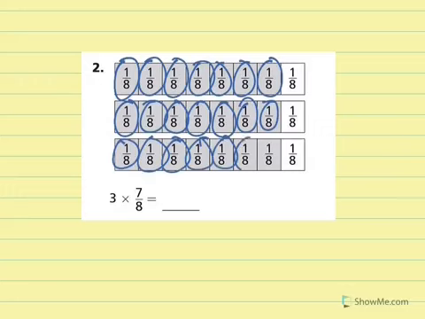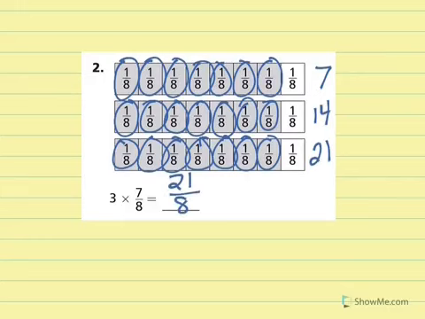And if I count up all of my 8s, let's see what I would have. 7, 14, 21. I would have 21/8. If you notice, I can also multiply my numerator by the whole number to get my answer. Our denominator stays the same.